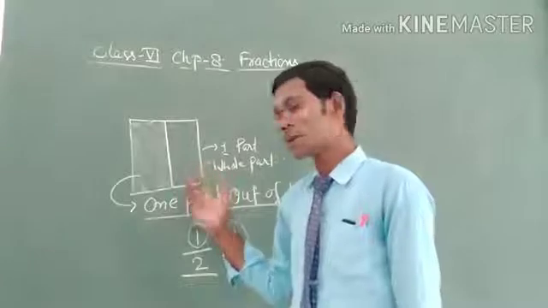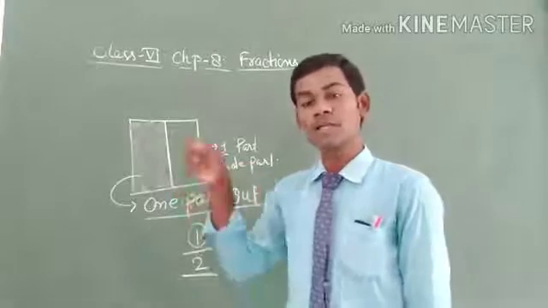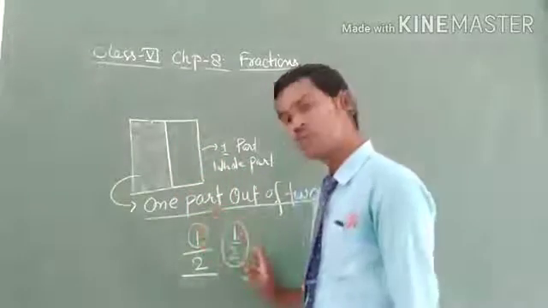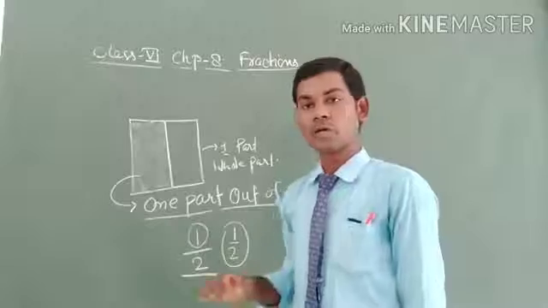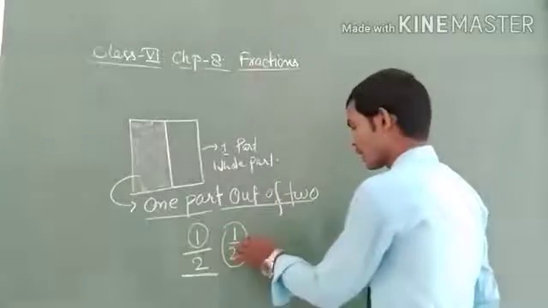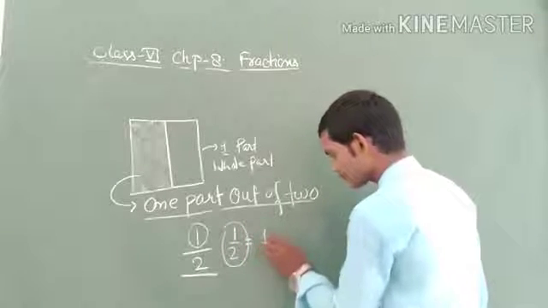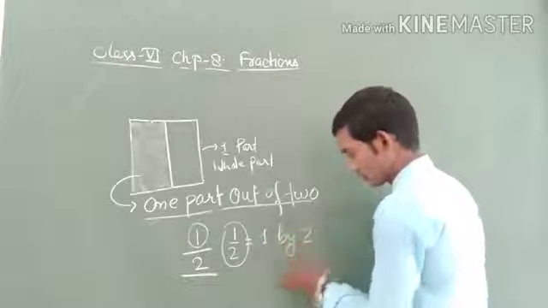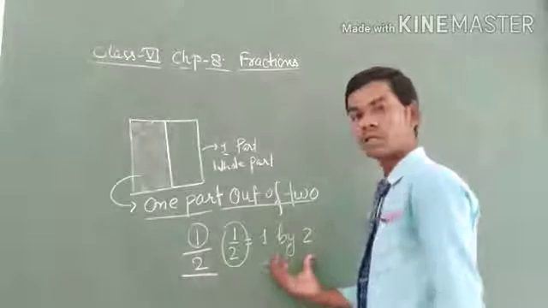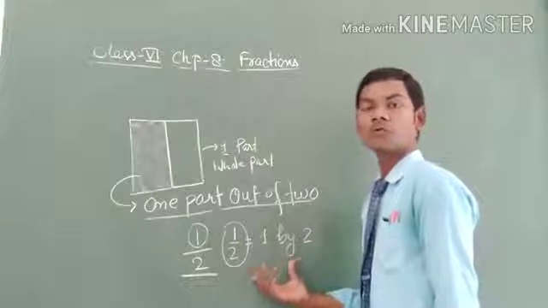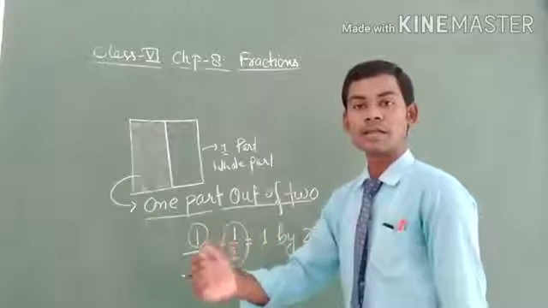So 1 by 2 represents the half part of the object. We read this fraction as 1 by 2, and the meaning of 1 by 2 is one part out of 2 shaded, or you can say half of the square is shaded.